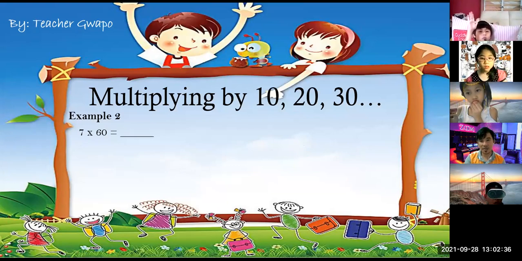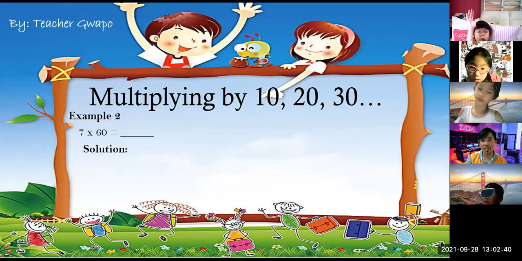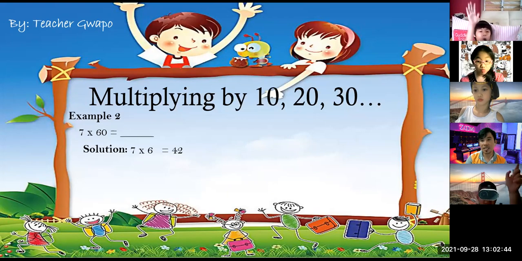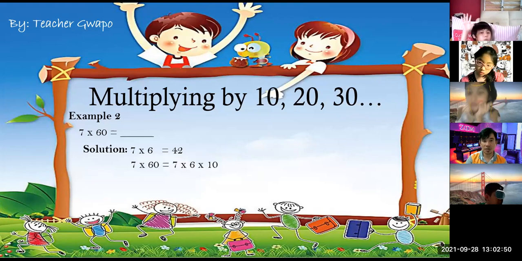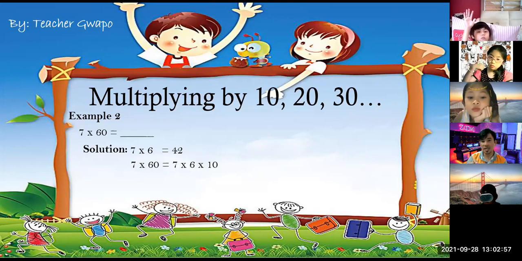Another example. Example number 2, 7 times 60. We just multiply 7 times 6. So 7 times 6 is equal to 42. So 7 times 60 is equal to 7 times 6 times 10. 7 times 6 is 42, right?